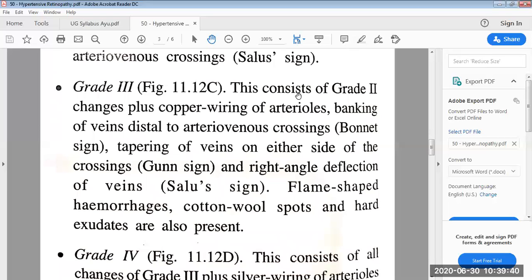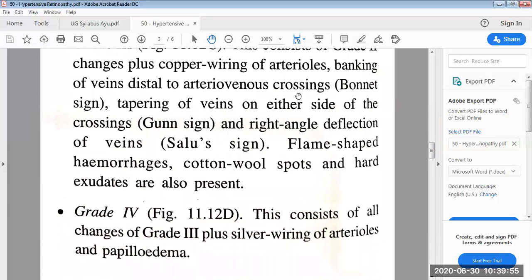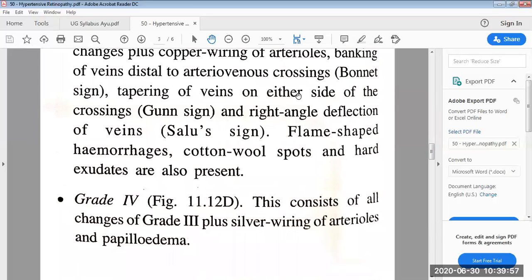And right angle deflection of veins is called the salus sign. Flame shaped hemorrhages, cotton wool spots, and hard exudates are also present. Then grade 4. This consists of all the changes of grade 3 plus silver wiring of arterioles and papilloedema.